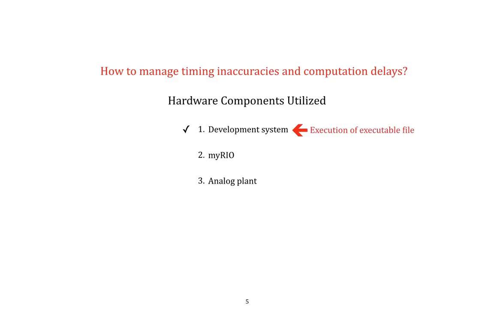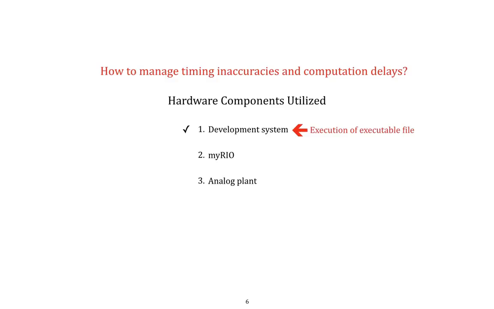In a feedback control application, such timing hiccups can't be tolerated. So what can we do? As mentioned earlier, it's not possible to eliminate either the timing inaccuracies or the computation delays, but we can manage them.